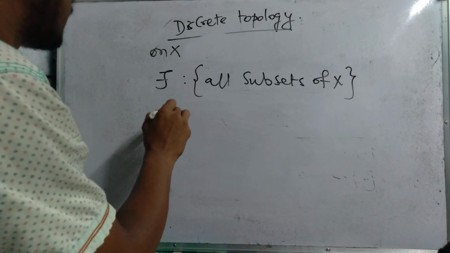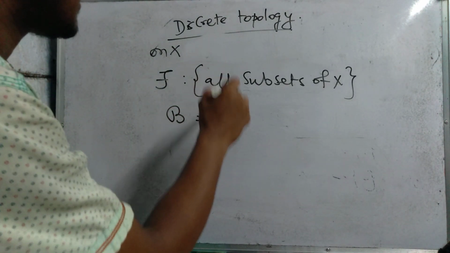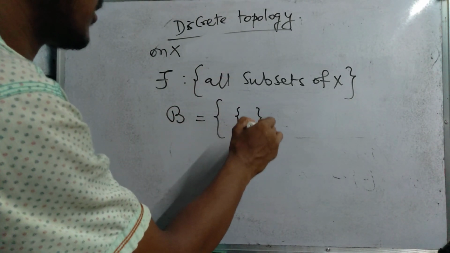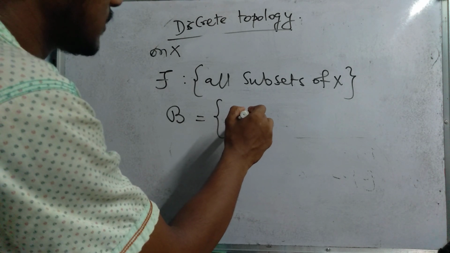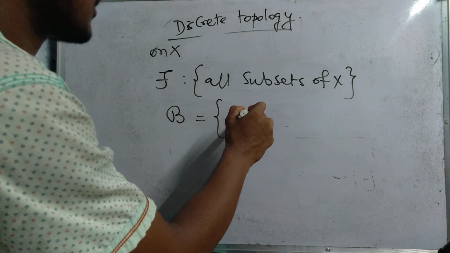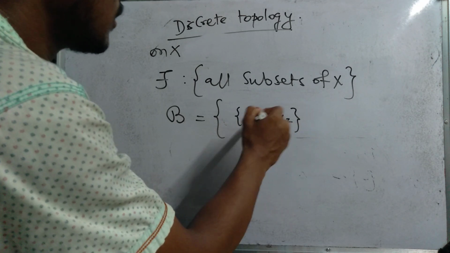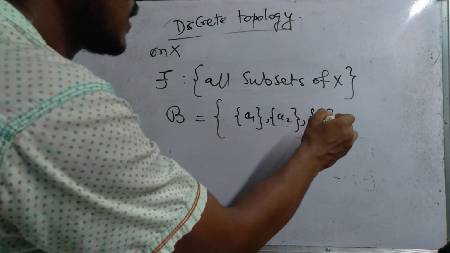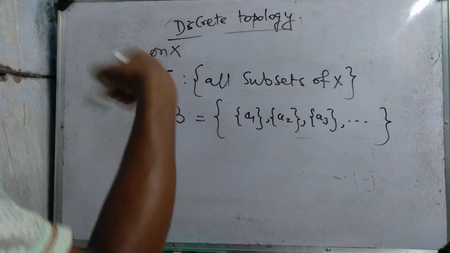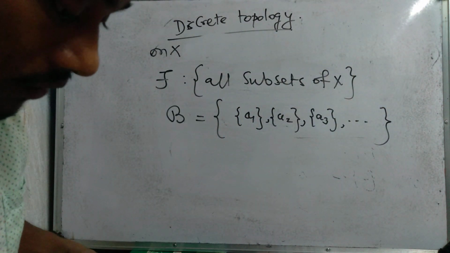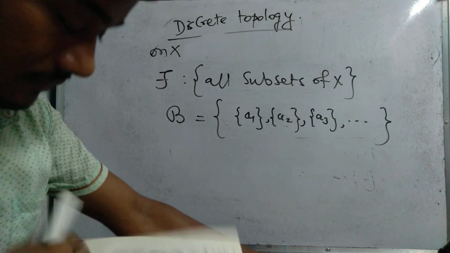Then we form a basis element. For basis elements, just singleton elements. That means if we construct here a1, a2, just singletons form a basis for this discrete topology. Now we come to a point.